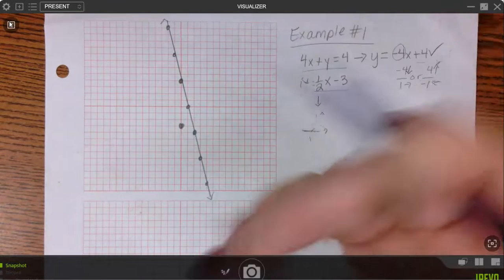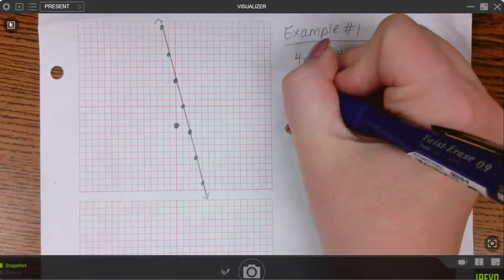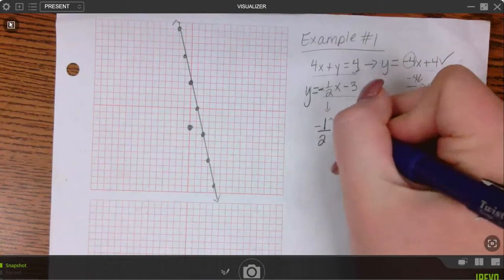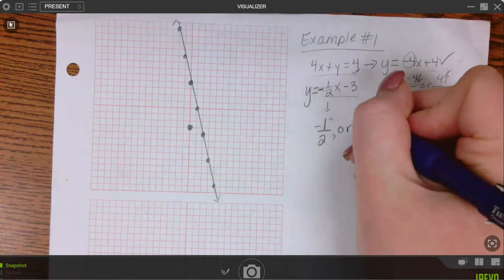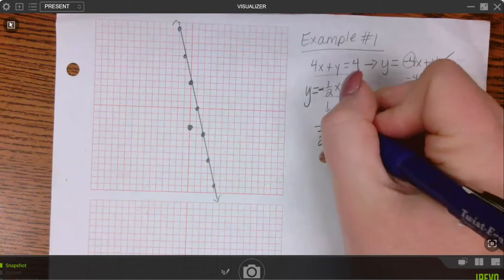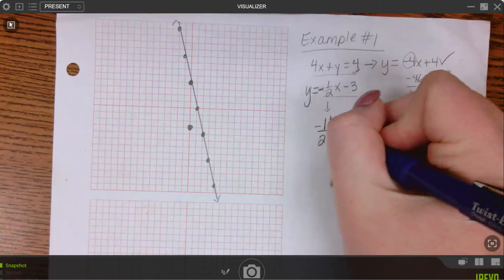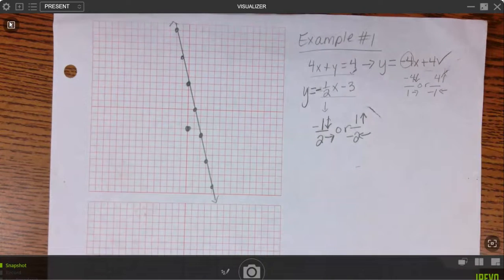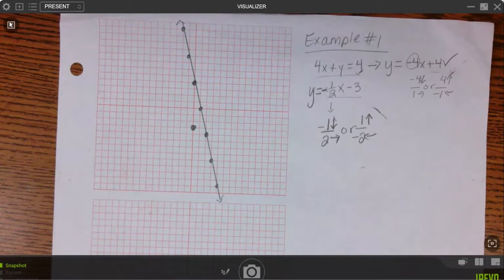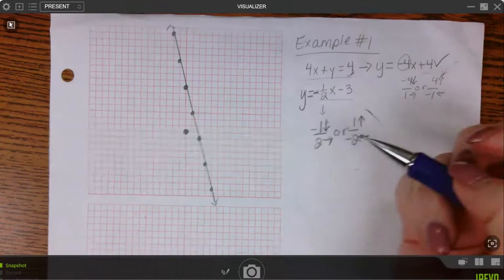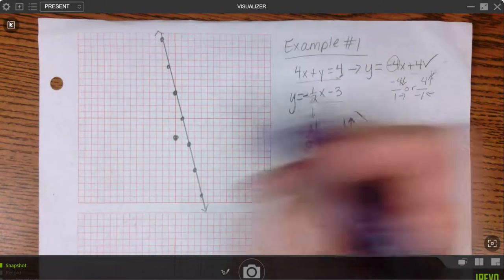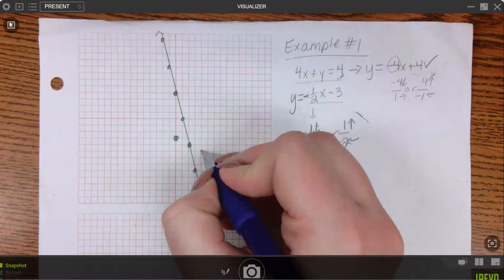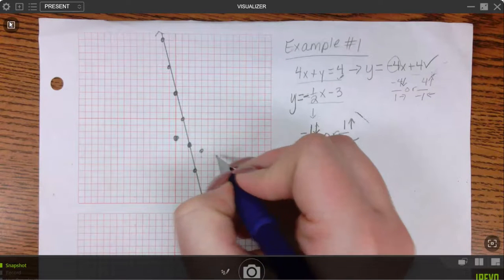So we have y equals negative 1/2 x minus 3. So we have negative 1/2 or 1 over negative 2, which means you can go down and to the right or up and to the left. So let's start here. We can go down 1 and right 2, down 1, right 2, down 1, right 2.